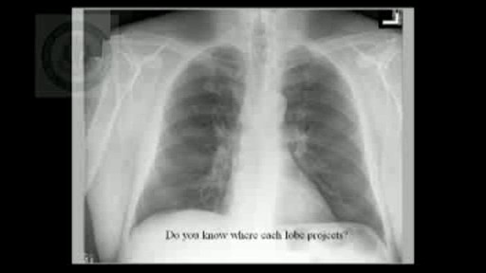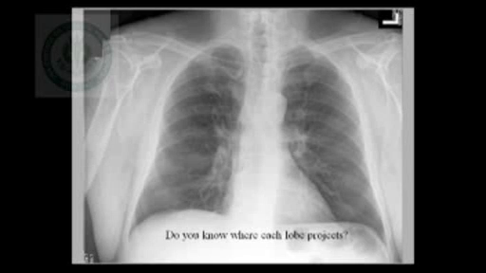Now, the anatomical location of each of these lobes is important. This is for interpretation of the pathologies affecting different lobes of the lung. On the right side, as you know, you have 3 lobes, and on the left side it is only 2 lobes. This is the diagrammatic representation of the location of the left upper lobe and the left lower lobe.